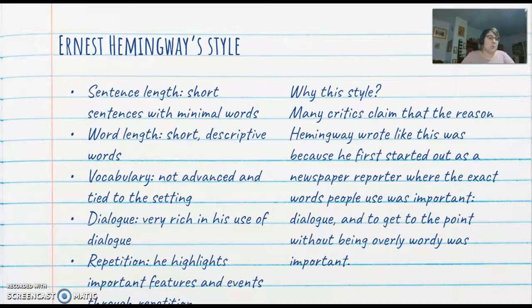As a newspaper reporter, you want to report the facts and nothing else, and not make comments on them or add your own opinions. And you don't need to be overly wordy. And if you are interviewing a person, you're going to be using dialogue, and you're going to want to use their exact words, word for word. So that could be one reason why his style developed in that way.